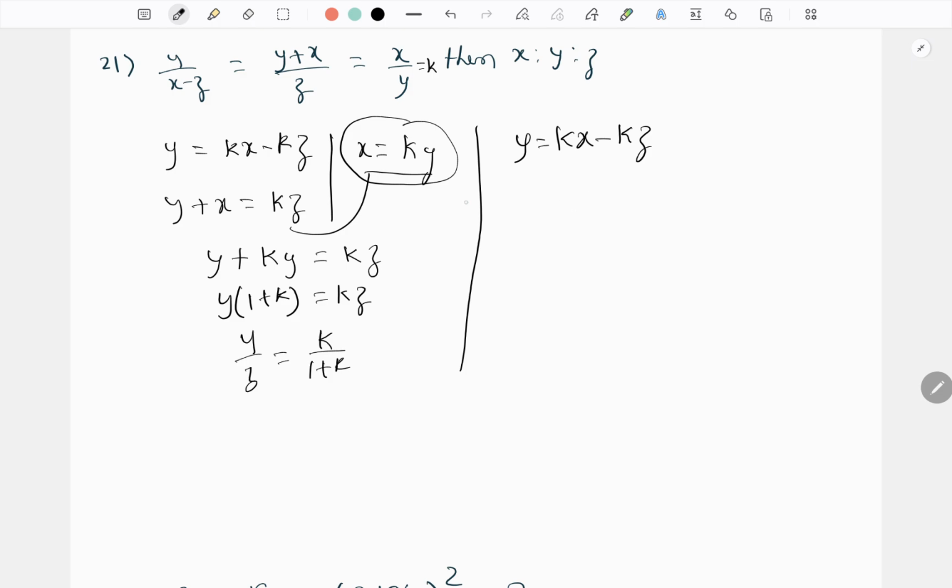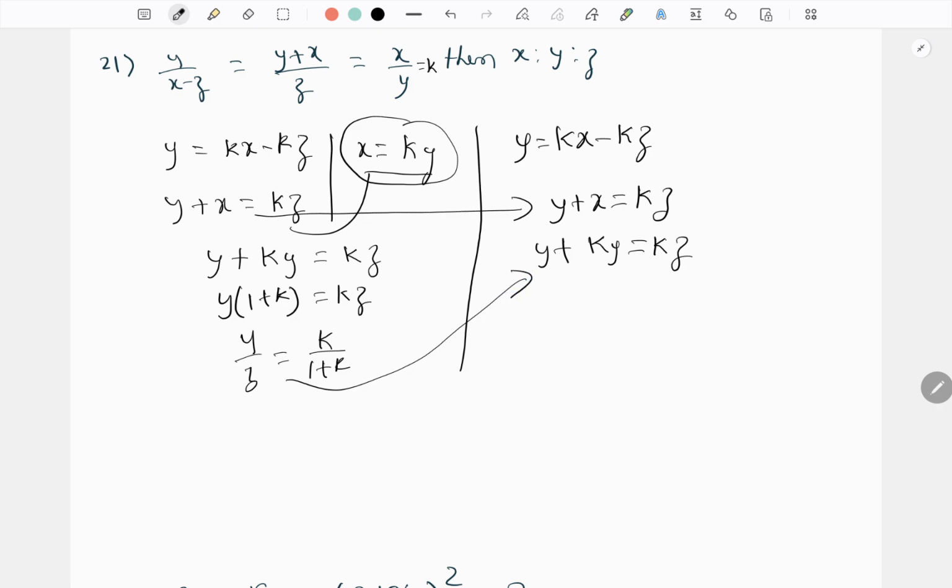Then x is equal to ky and we have kz from this equation, y plus x is equal to kz. Then in this substitute the x value: y plus ky is equal to kz. Also we get the same thing.